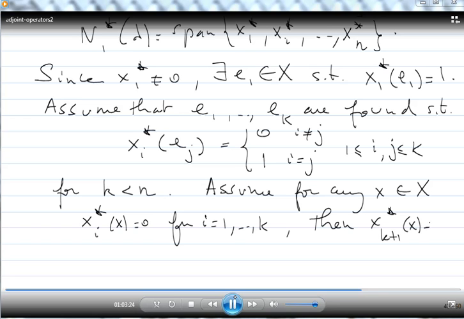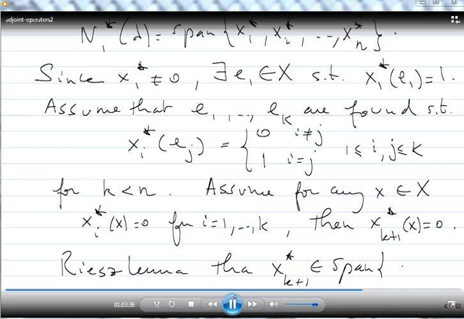If that's the case, we know from the Riesz lemma that xk plus 1 star is a linear combination of x1 star, ..., xk star. But this is not possible because we are talking about a basis of X star, so this is not possible.